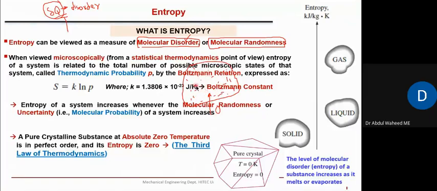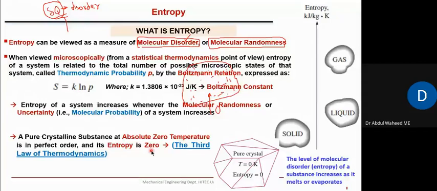That's why this is a different field to study a substance at the microscopic level, and that is known as statistical thermodynamics. So with reference to entropy, the entropy of a substance will approach zero if temperature is approaching 0 Kelvin. And that is the third law of thermodynamics.